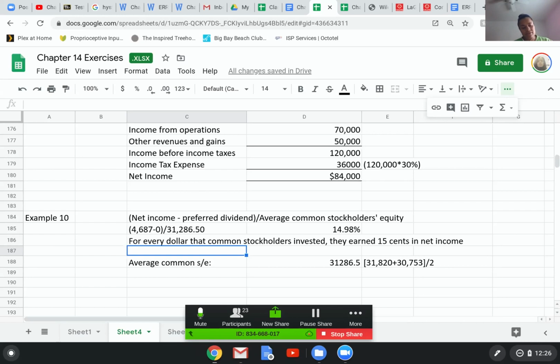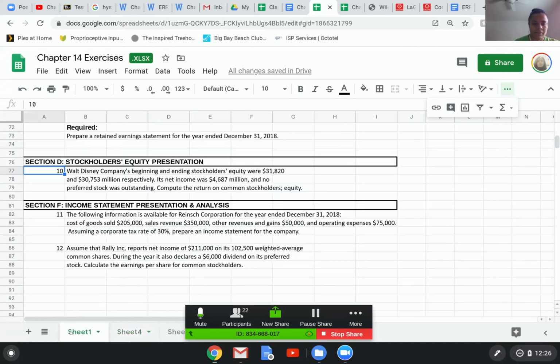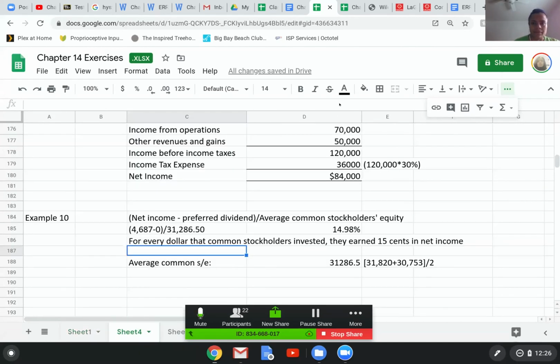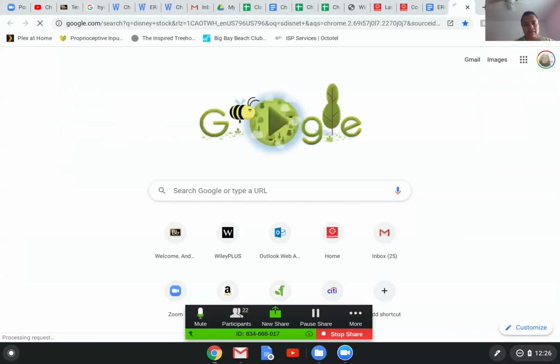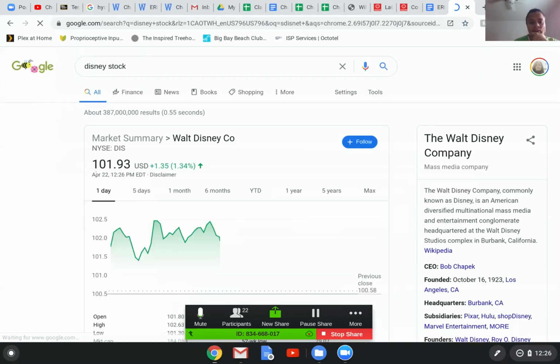But of course, if you invest in a company like Walt Disney, in their stocks, you take on risk, because anything can happen with this stock. So let's look at the Disney stock. Where's it trading right now? $101 per share.